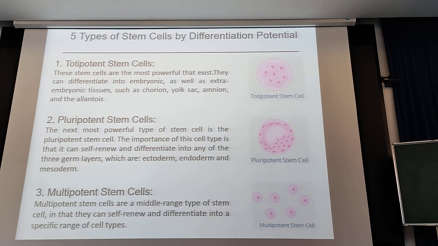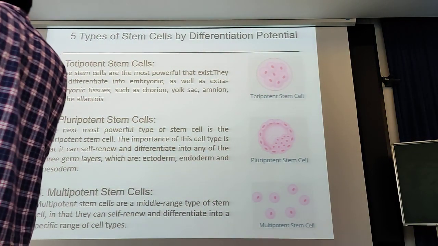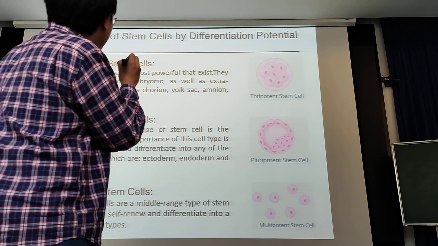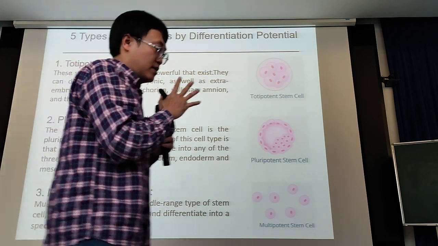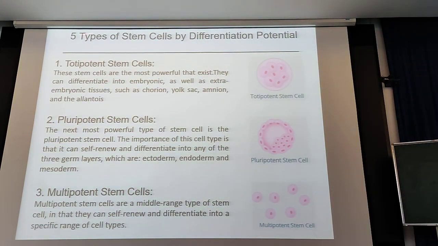Now, talking about epigenetic markers, first let's talk about stem cells. What is a stem cell? A stem cell is a type of cell that can differentiate into a specific type of cell line. We have 5 most popular types of stem cell. The most powerful is the totipotent stem cell.